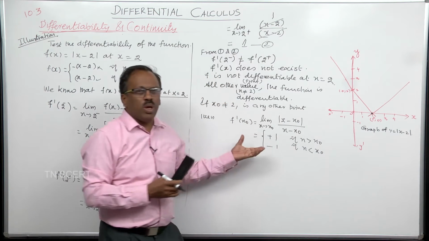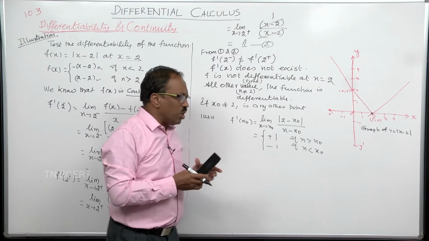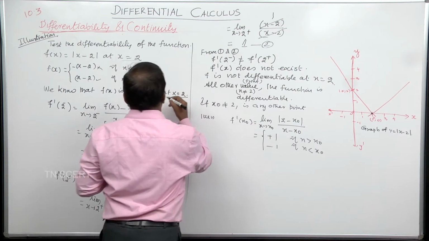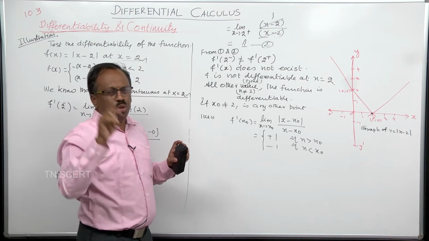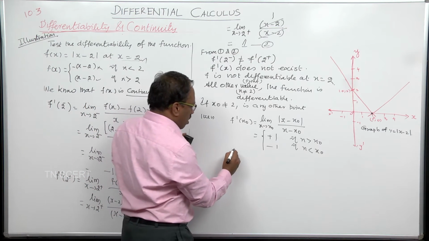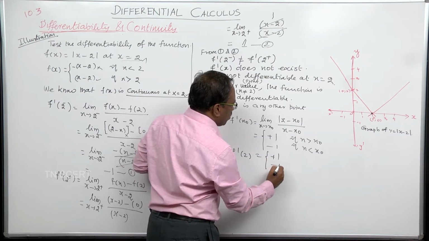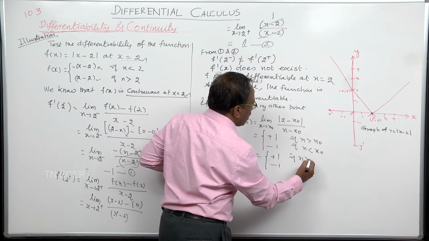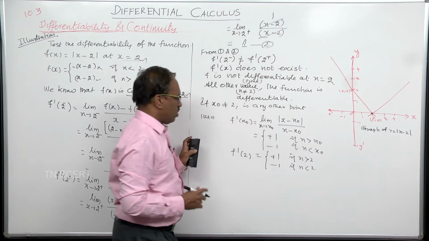That is a very simple way we can define the neighborhood. Here the point is x is equal to 2, and we are testing the condition for x is equal to 2 only. So f dash of 2 will have plus 1 if x is greater than 2, and minus 1 if x is less than 2.